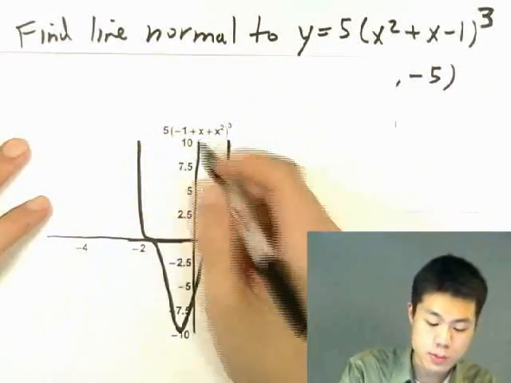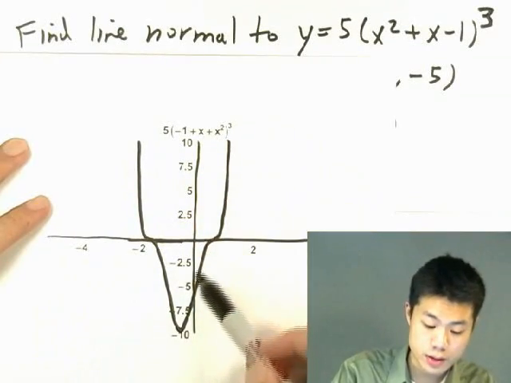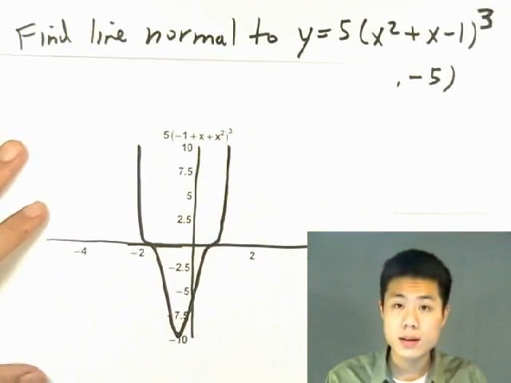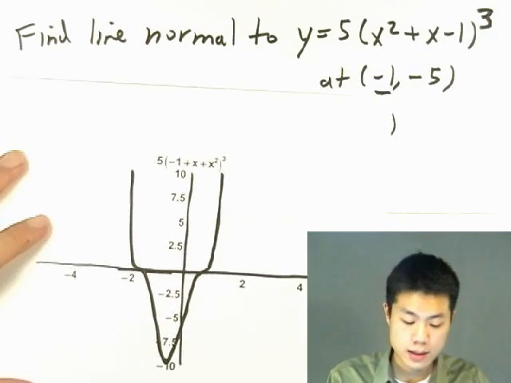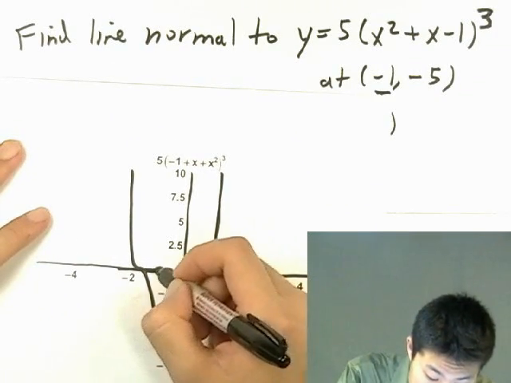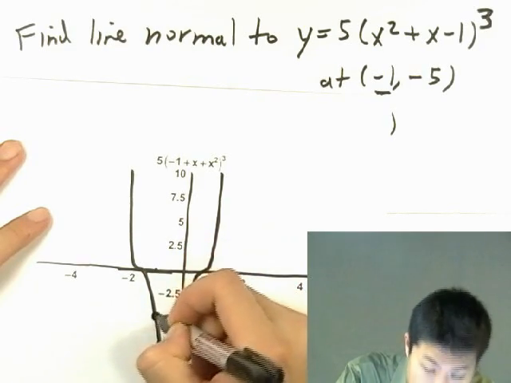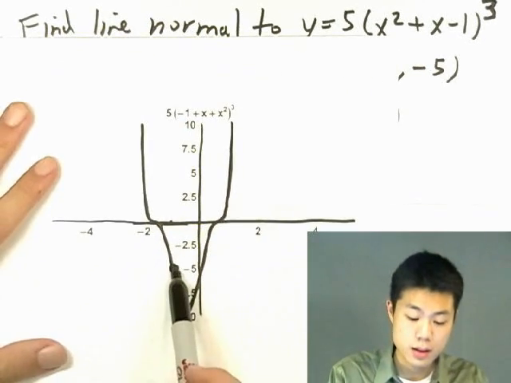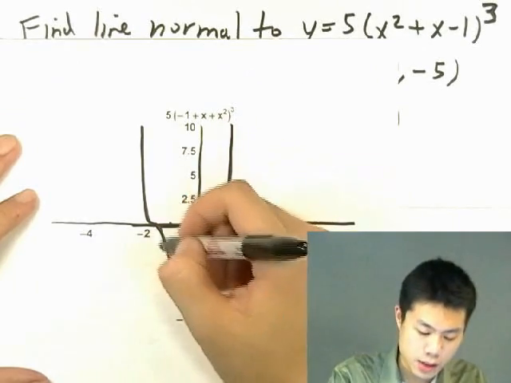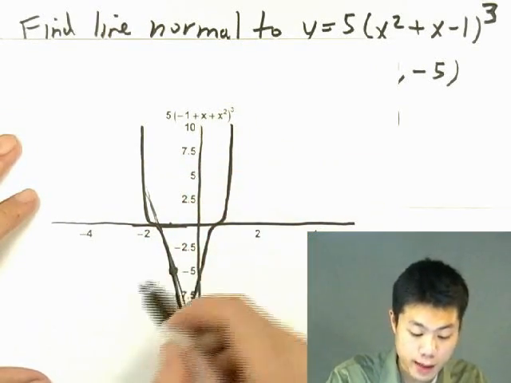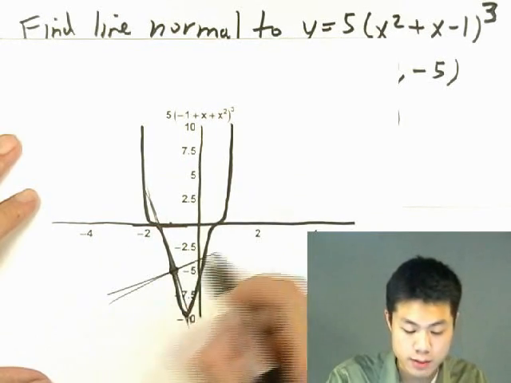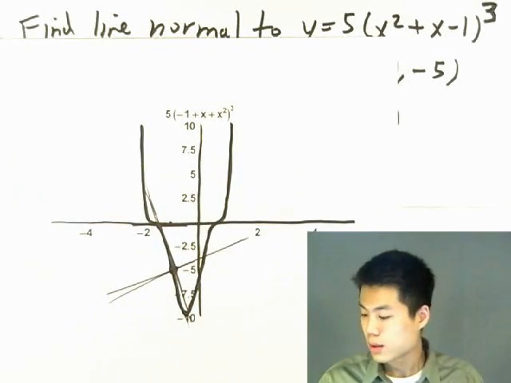This is the x and y axis, so this is the actual equation. And we want to find the line that's normal to the graph at negative 1 comma negative 5, this point right there. So we expect the tangent line to look something like this, and the normal line is going to be perpendicular, something like that. Okay, and indeed it is.